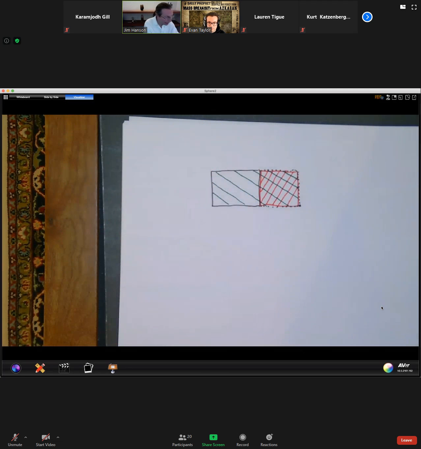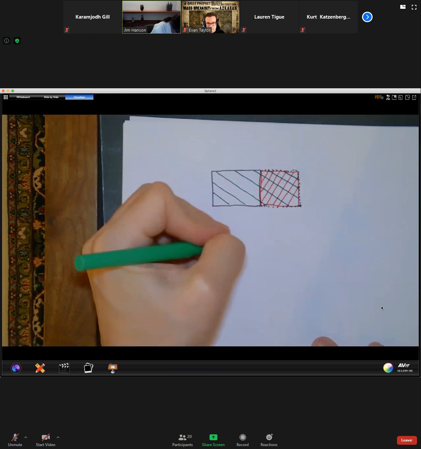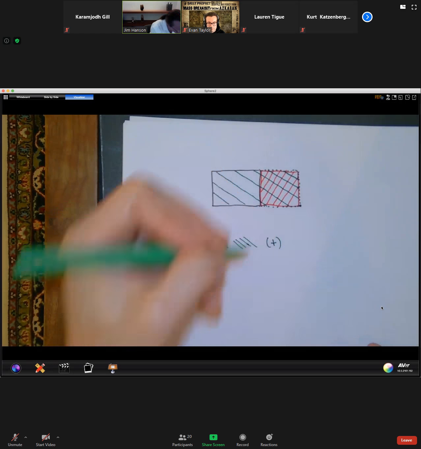So for I, you would take this hatch mark and call it positive.